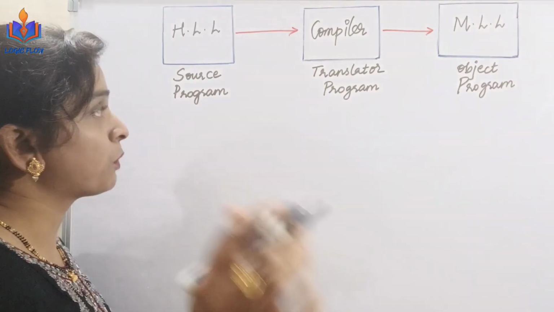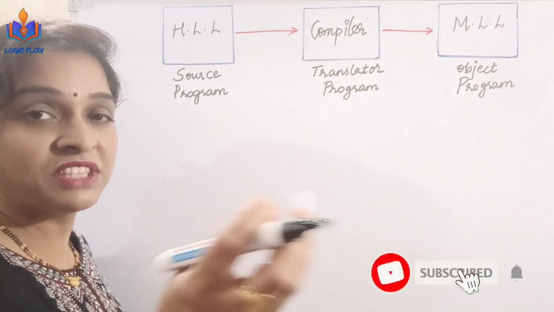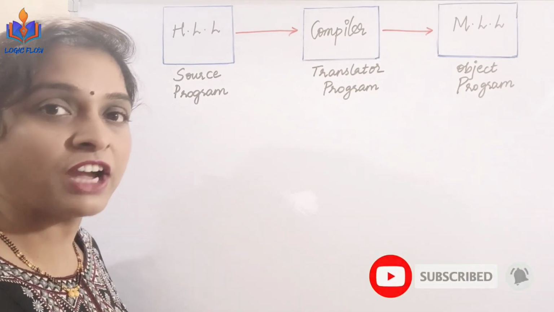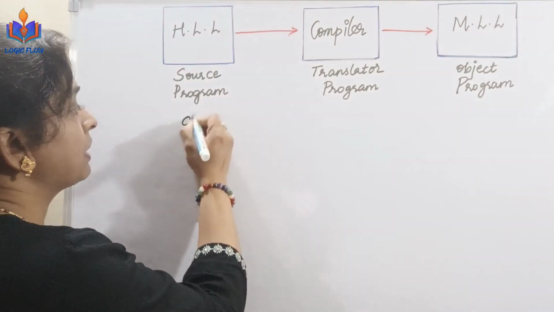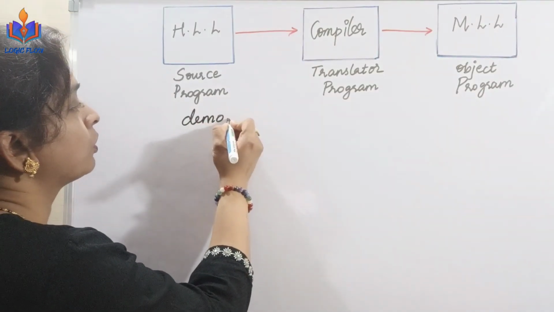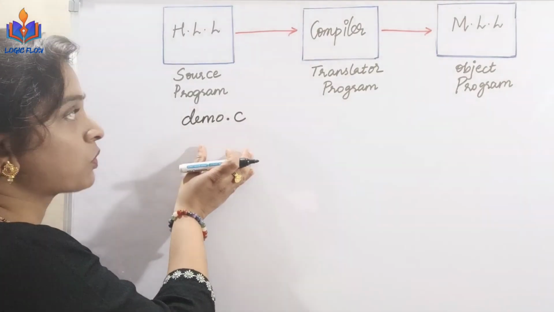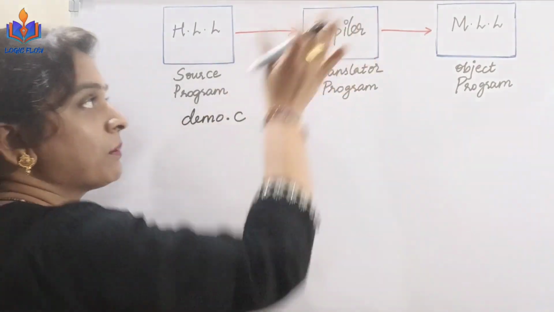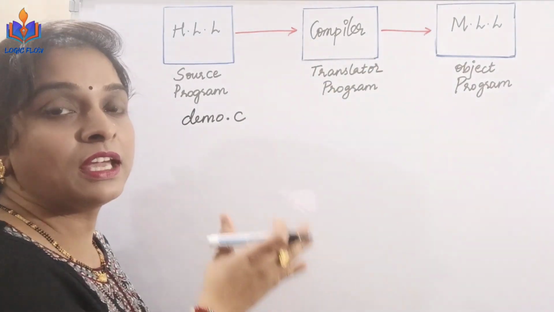If I write a program using C language, I need to save it with an extension .c. Every file will have its own extension. So let me say my program is demo.c. When I give this source code or source program to the compiler, it will check the complete program.